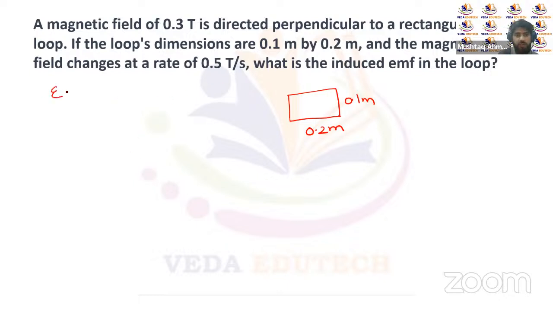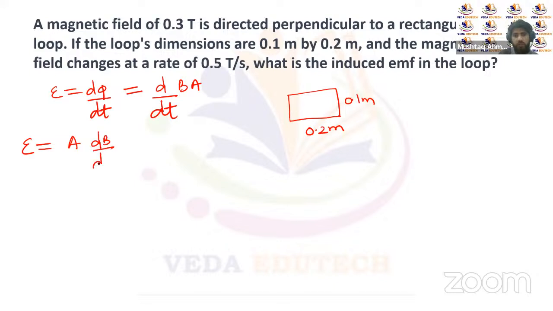We know that EMF is d phi over dt. We can write d phi over dt as d over dt of BA, that's our flux. So the induced EMF will be A dB over dt, since the area of the loop is a constant and we take it outside.